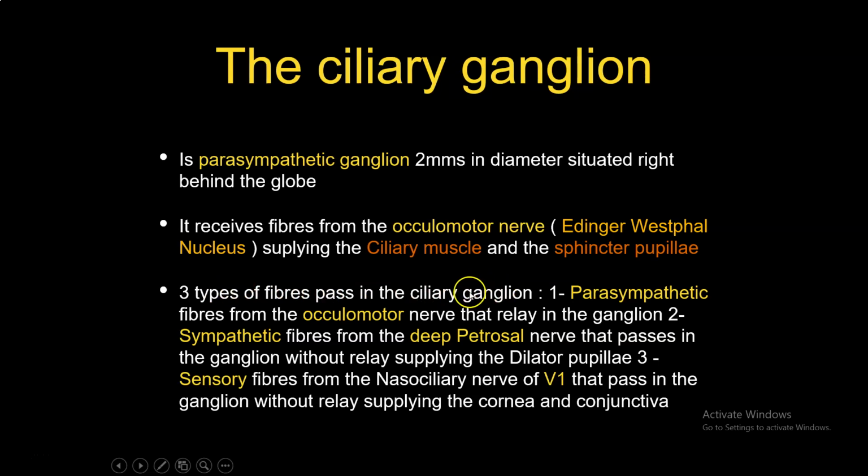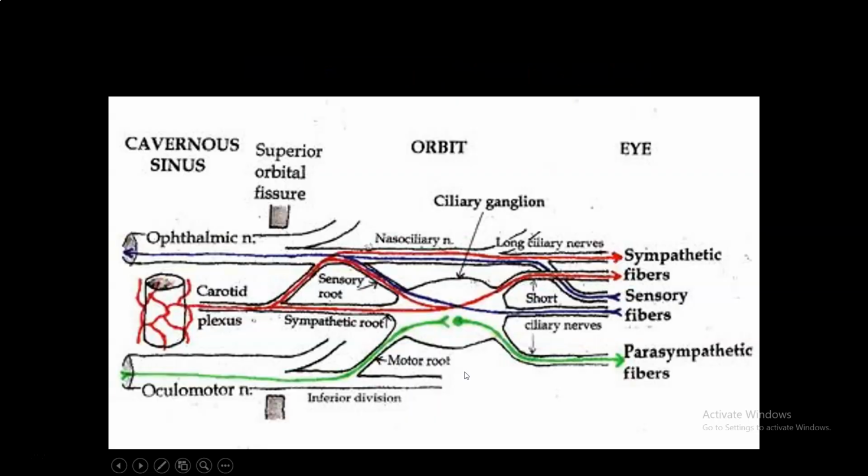All the parasympathetic ganglia in the body receive 3 types of fibers: parasympathetic fibers from the oculomotor or from other parasympathetic nerves relaying in the ganglion, and sympathetic fibers here from the carotid plexus passing in the ganglion without relay, and sensory fibers from the nasociliary nerve passing in the ganglion without relay. So parasympathetic relaying, sympathetic and sensory without relay.